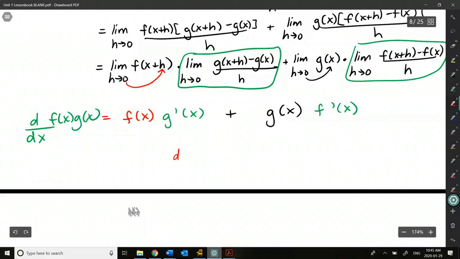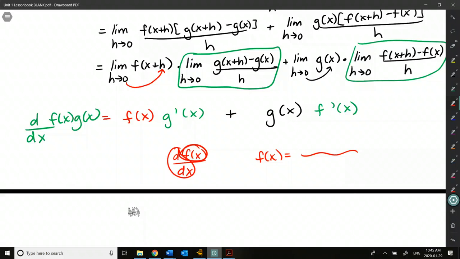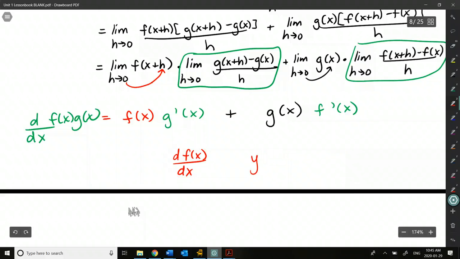So if I say something like d of f at x over dx, let's just say to simplify it a little bit, f at x is really just function notation for y, right? So if I had an equation like f at x equals something, I could say derivative of f at x with respect to x. When I have y equals, that's why we end up saying dy over dx.